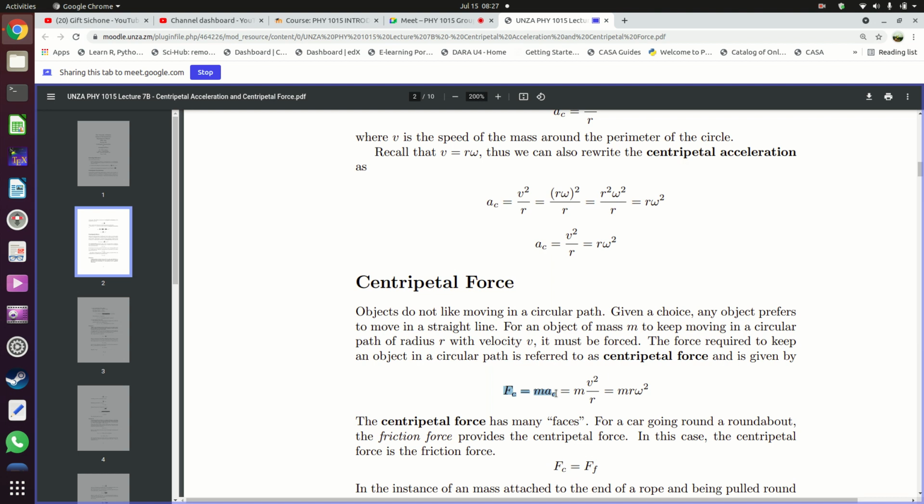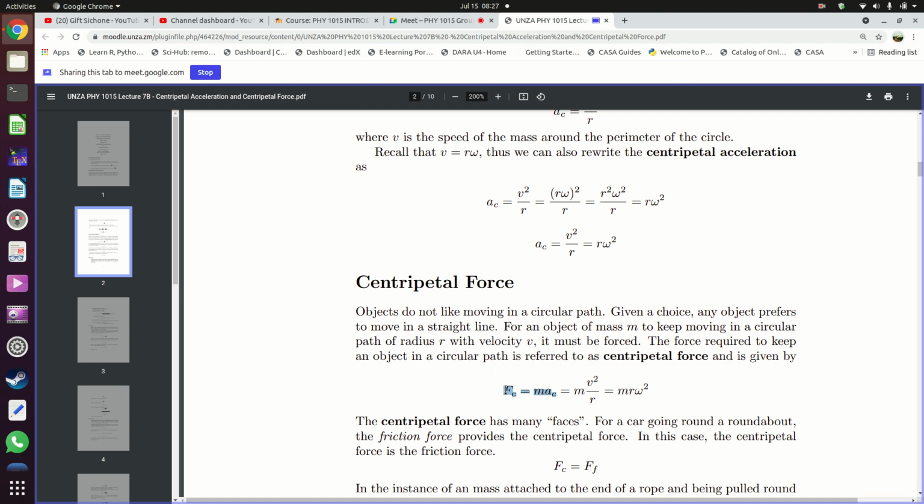The centripetal force acting on this particular mass going round in a circle of radius r with velocity v, the centripetal force F_c, is going to be equal to the mass of that object times a_c. There is nothing new about this bit. This is just Newton's second law of motion, F equals ma.